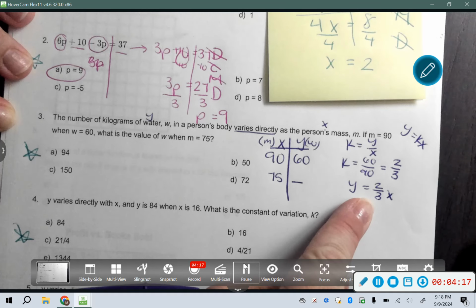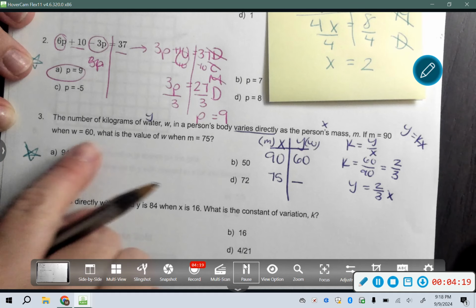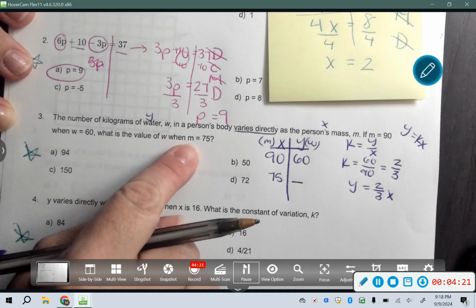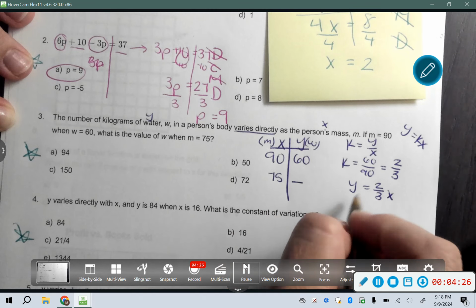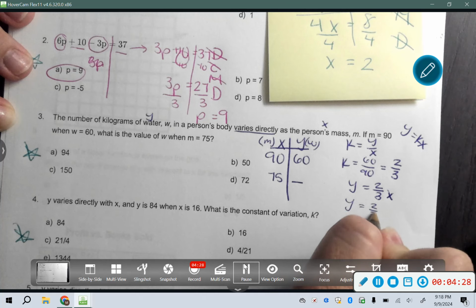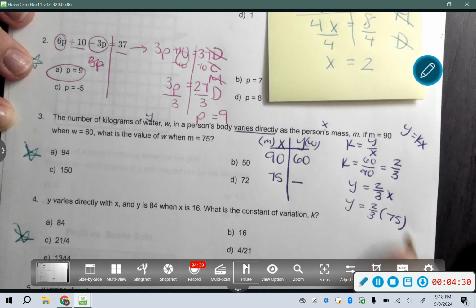So now that I know my equation, I need to go back and see what it's asking me. It says, what is the value of W when M equals 75? Well, M is my X, so I'm going to replace X with 75. Y equals 2/3 times 75.